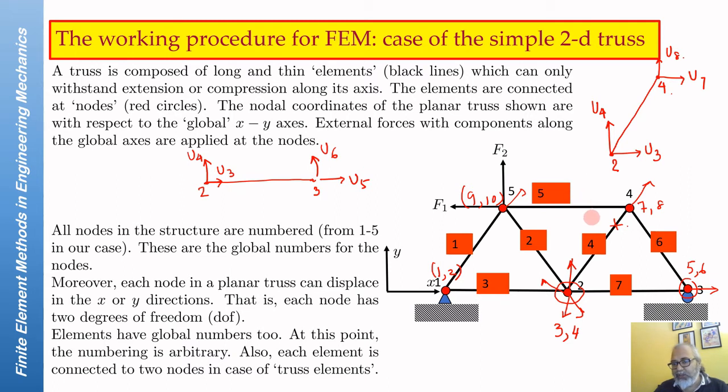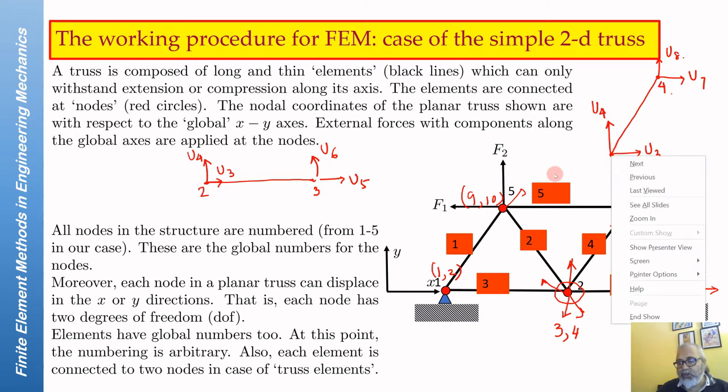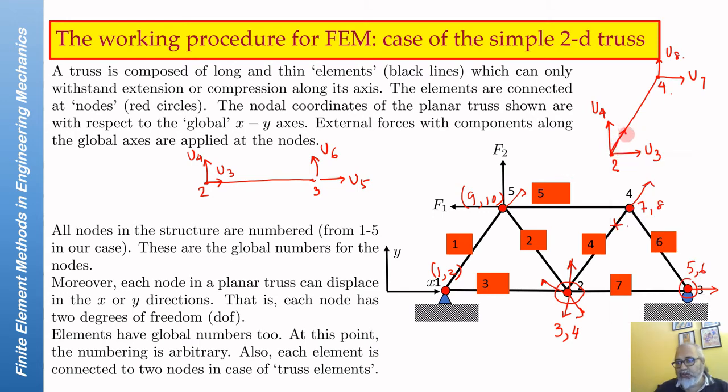So for element number 4, which we are now going to look at, the global and the local coordinate systems are not coincident, and therefore the values of U3, U4 are going to be different from the values of U1, V1 at node 2, which had local node number 1, and U3, V3 at node number 4, which had a local node number of 2.